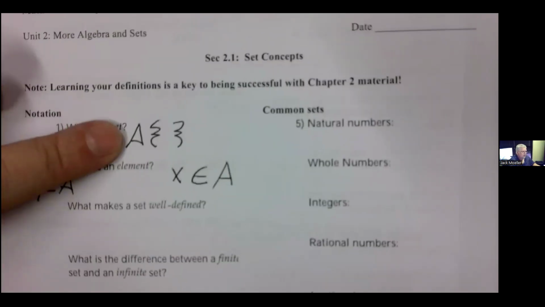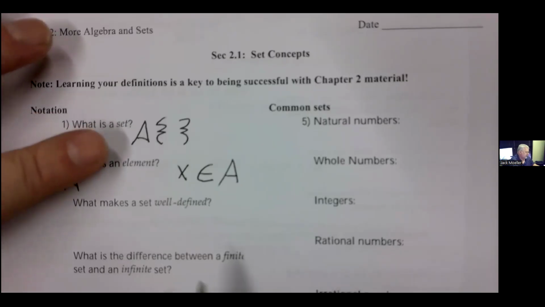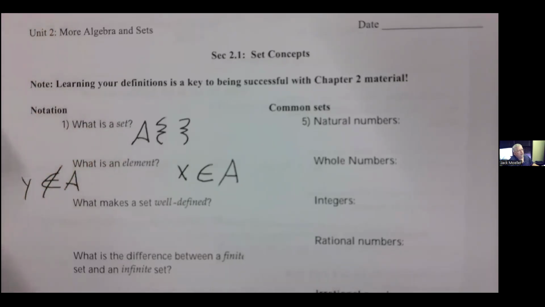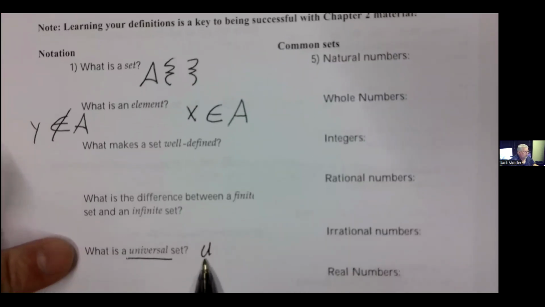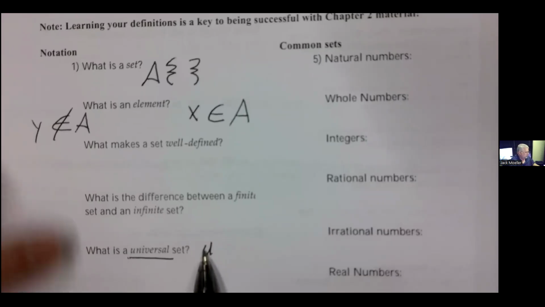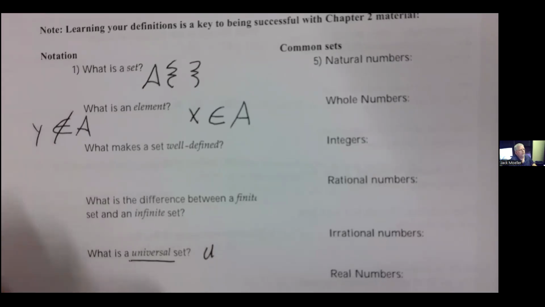Often you may have sets A, B, and C, where A may be people who like OU Sooners, B might be people who like the Cowboys, and U might be the set of all college football fans. So those sets A and B would be in this group.